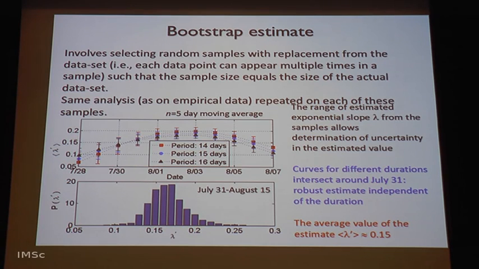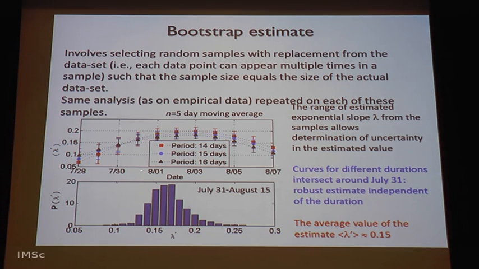It is nothing but random sampling, where the random sample is the same size as the original data set. We can take many samples and then estimate. So this is the average exponential growth rate for different periods. Here also we can see curves of different durations, starting 31st, intersect around 0.15 only.